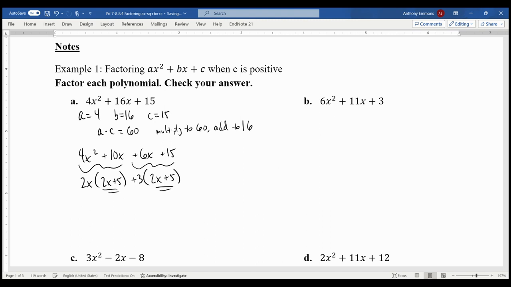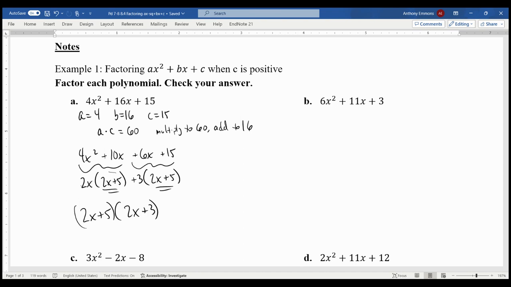Common binomial, there you go, 2x plus 5. And then everything else, 2x plus 3. Technically we are dividing this first portion by 2x plus 5, which gives us the 2x, and then we're dividing this portion by 2x plus 5, which gives us the plus 3. But this is your final answer, the quantity 2x plus 5 times the quantity 2x plus 3.